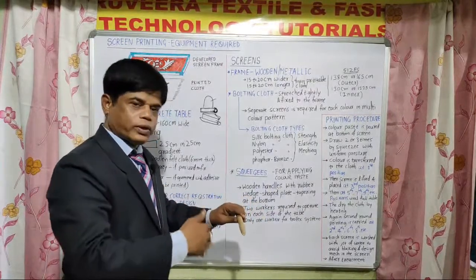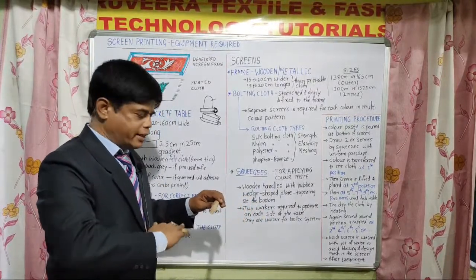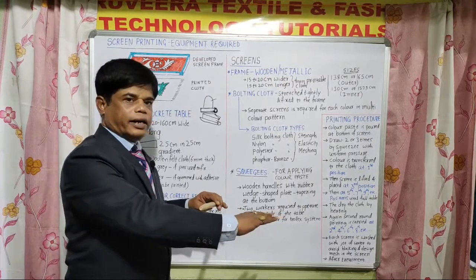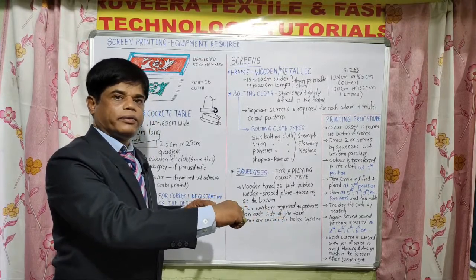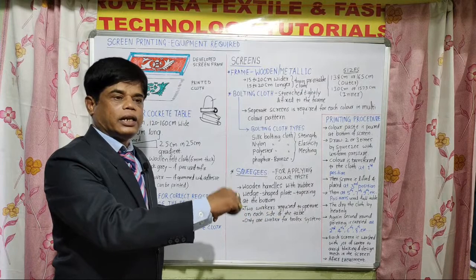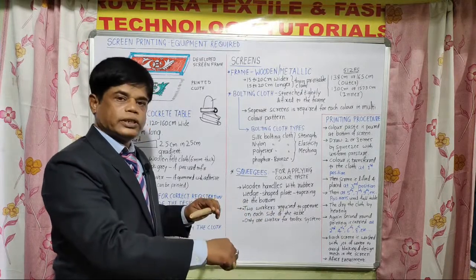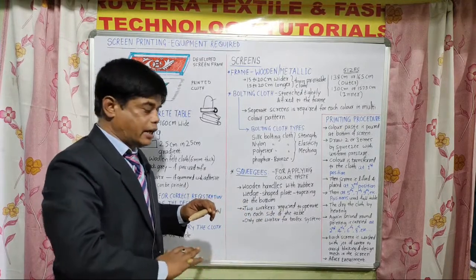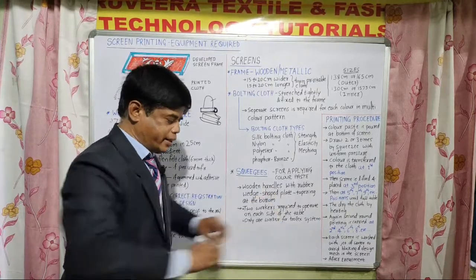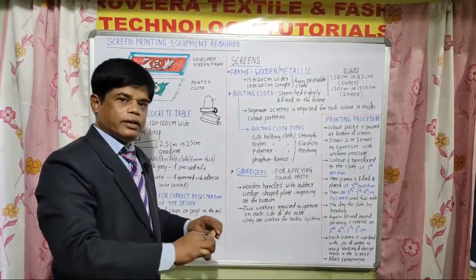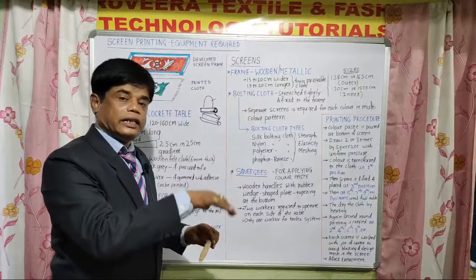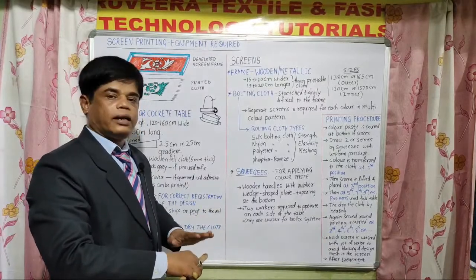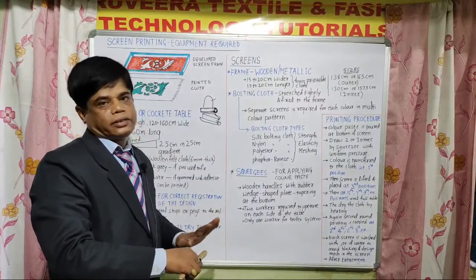Because of these two or three strokes, all the paste is spread on the screen, and wherever the design is unblocked, the color is allowed to pass through the screen and fall on the fabric. On that part the color enters because of the stroking. The rest of the color remains on the screen.